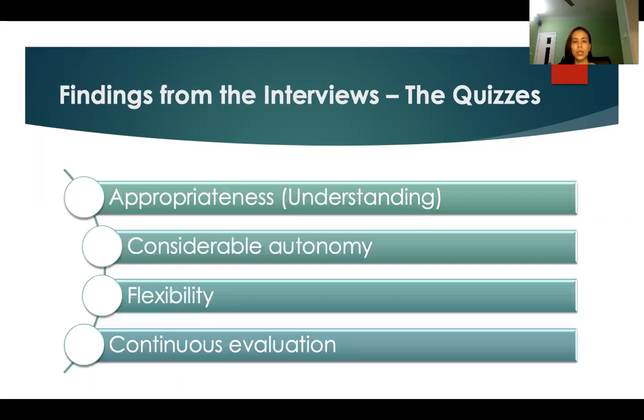About the quizzes, they all agreed with the appropriateness of the quizzes in order to achieve the objectives of students understanding the key concepts relating to British and American history, beliefs and values, politics, education, and economy.